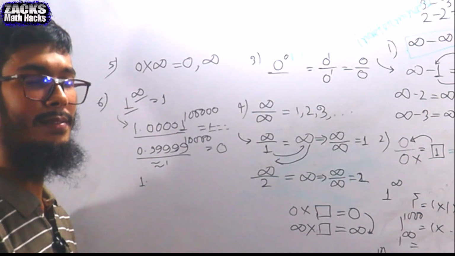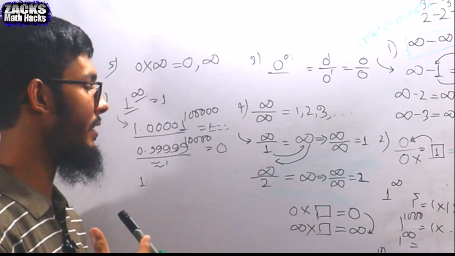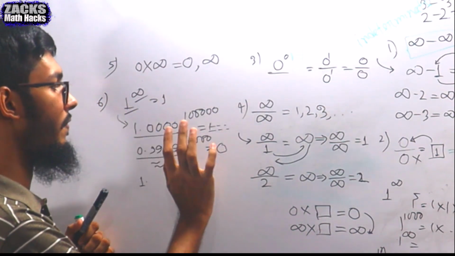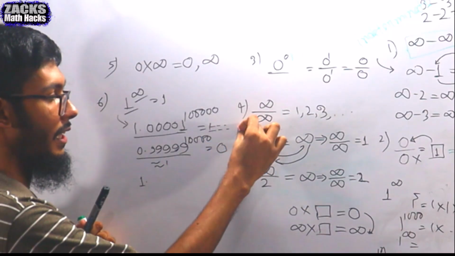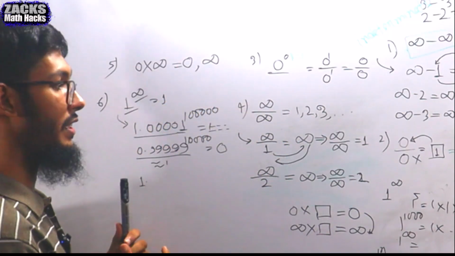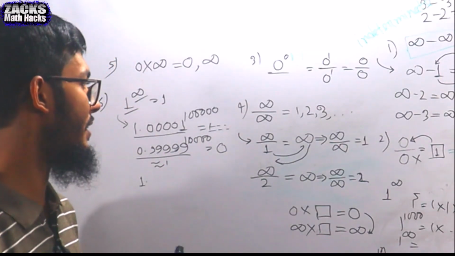But in mathematics, the base is not always exactly 1, it is close to 1. For this reason, mathematicians consider this form as having multiple values, sometimes 0, sometimes a large value, sometimes 1. So this expression is considered as indeterminate form. Just keep in mind this concept.